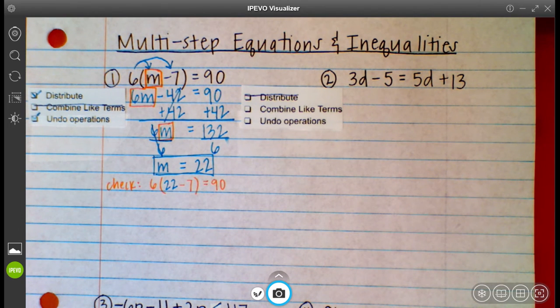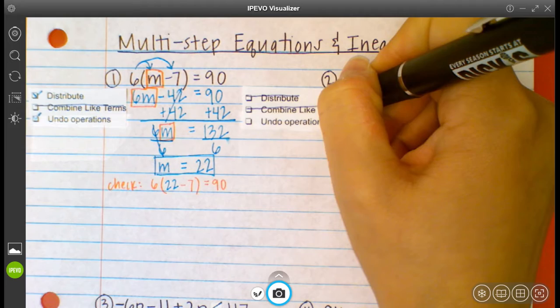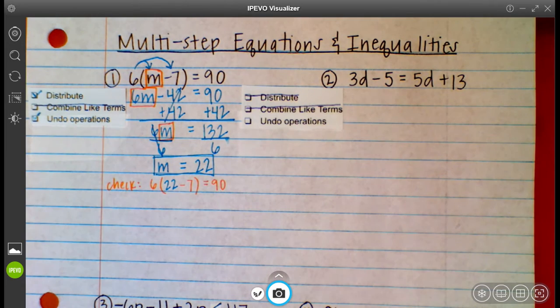We also can't combine any like terms since nothing is alike on each side. We have some stuff that's different. So can't combine like terms, but we do notice that we can undo some operations. So if I have a 3D on the left side and I have a 5D on the other, we need to move one of those D terms to the other.